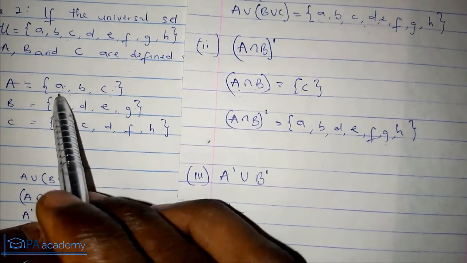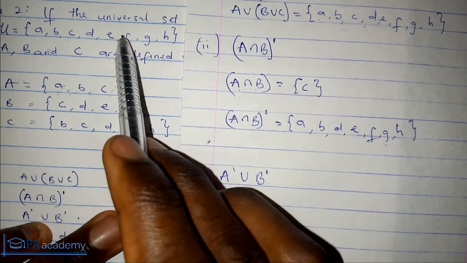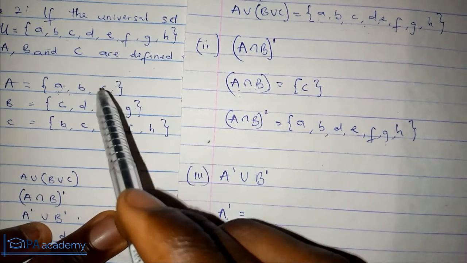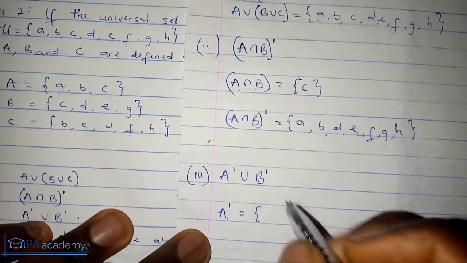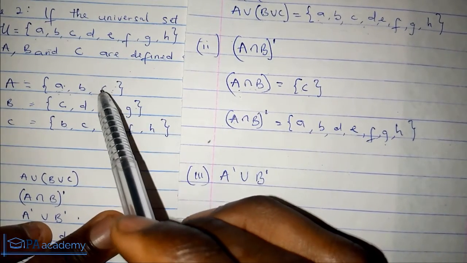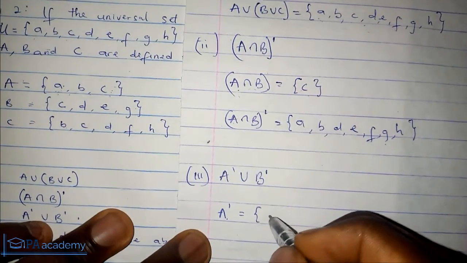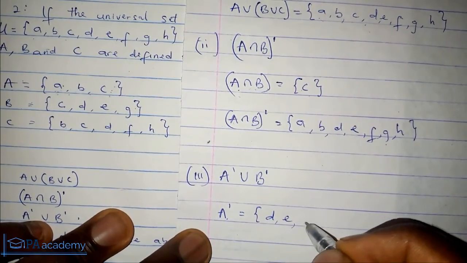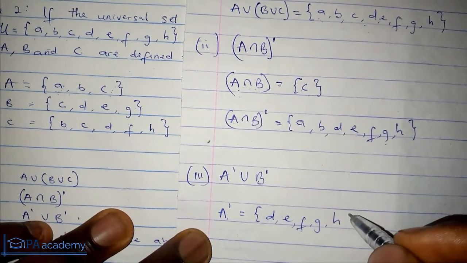A, B, and C are already in set A. The other ones that are not in set A are D, E, F, G, and H. So that would be D, E, F, G, and H.